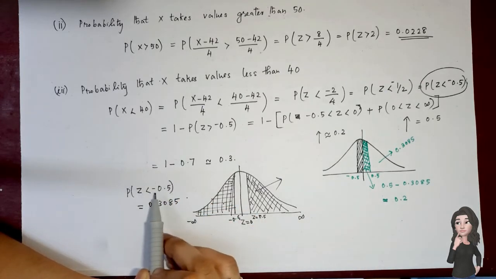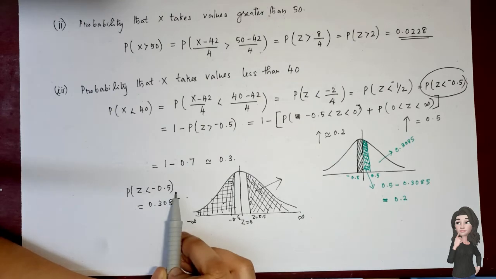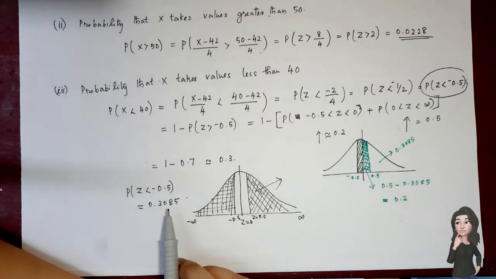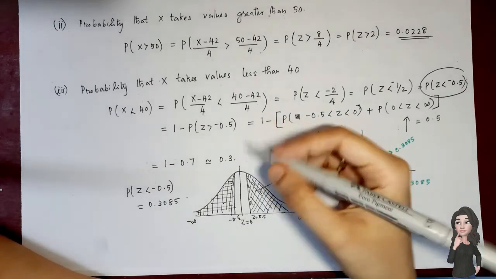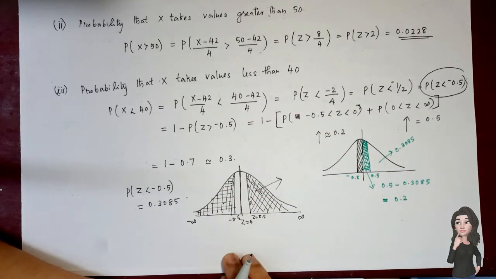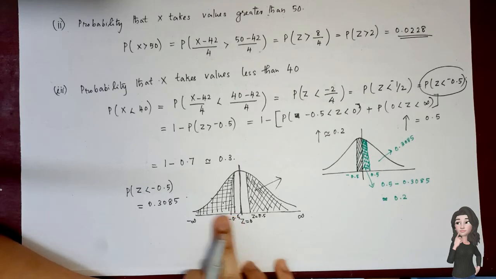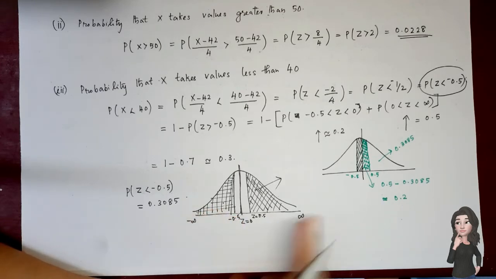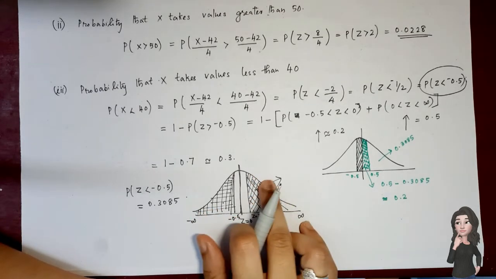Therefore, the probability of z less than minus 0.5 is also 0.3085. Why? Because the normal curve is symmetric about z equal to 0. Since it is symmetric, to find a value here, it is enough to find the same area here.